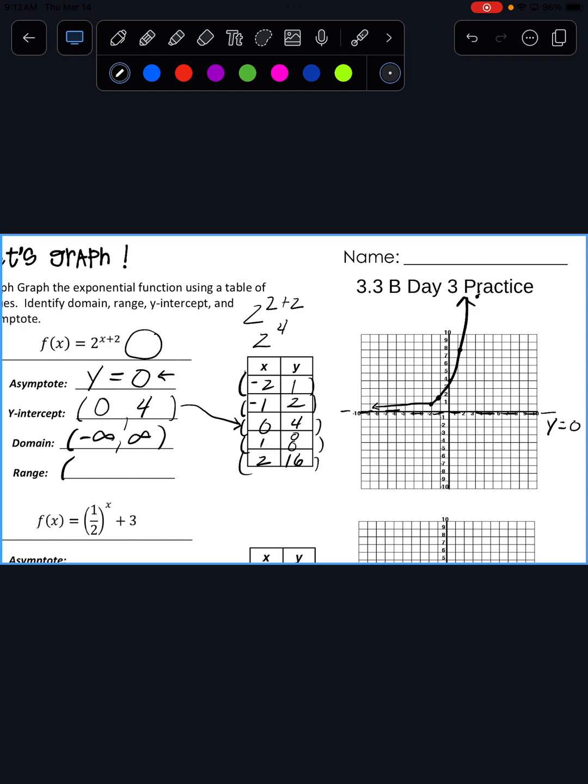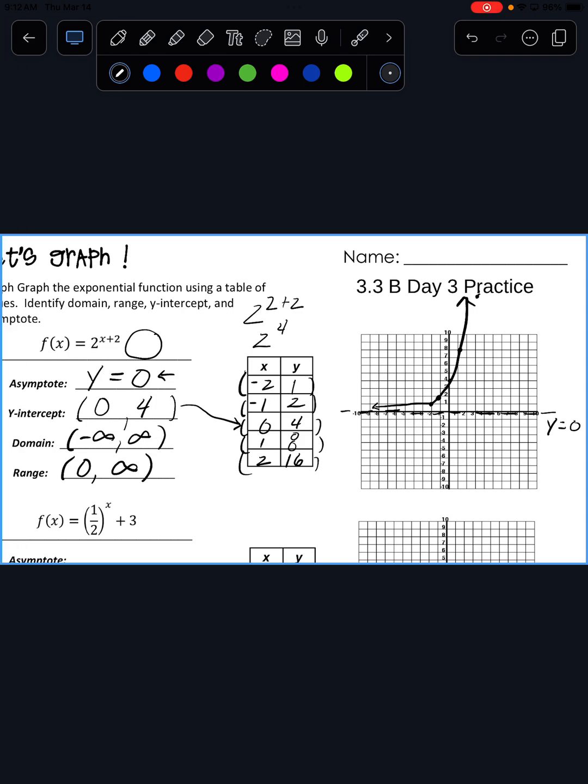So I'm going to use parentheses and 0. Now the top of my function is going up in the direction of positive forever. So on this parameter, I'm going to use positive infinity and a parentheses.